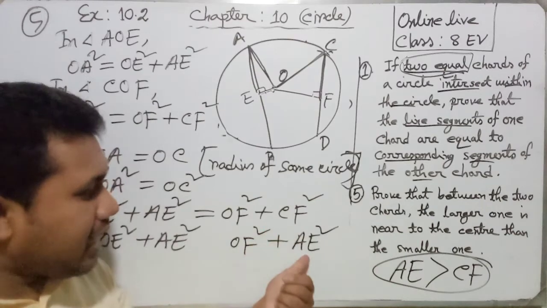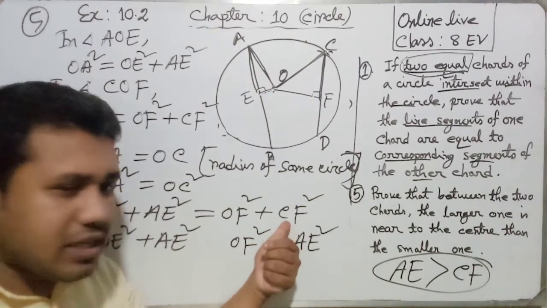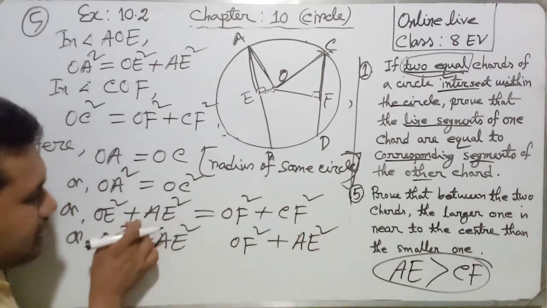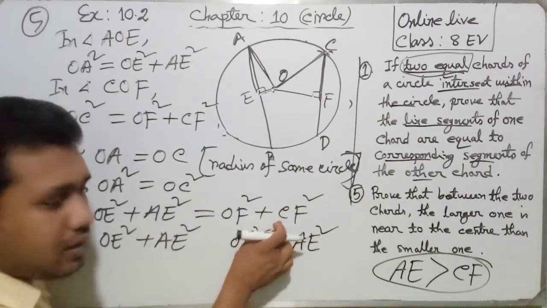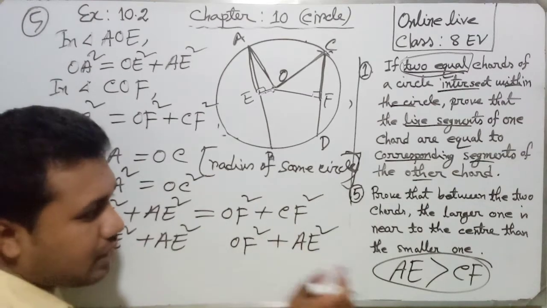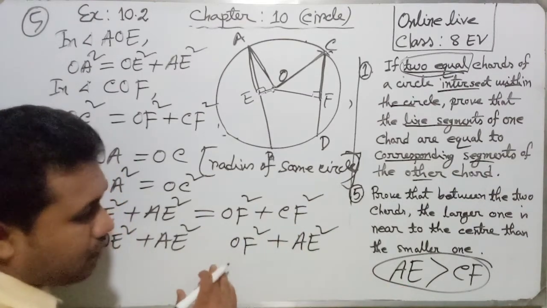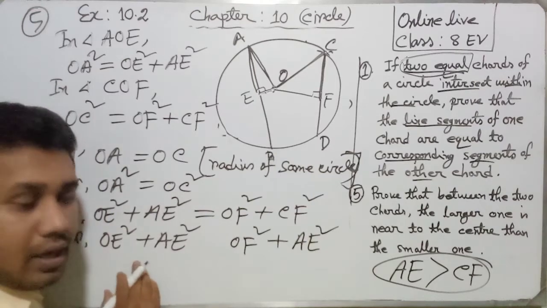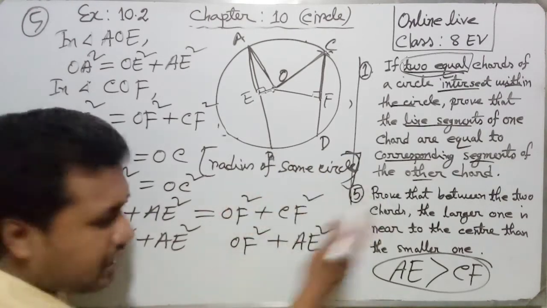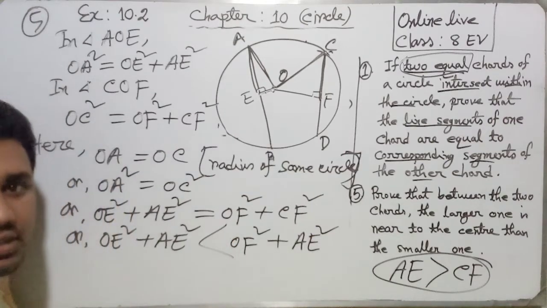Now if we write AE square for CF square, our right part will be greater. Look, this left part and right part are equal. But if we write AE square for CF square, since AE is greater, our right hand side will be greater than the left hand side.